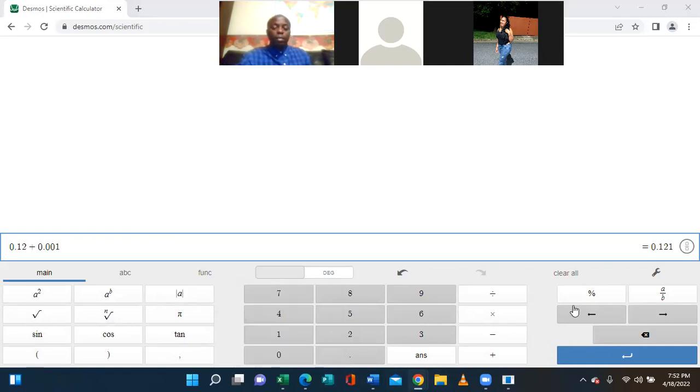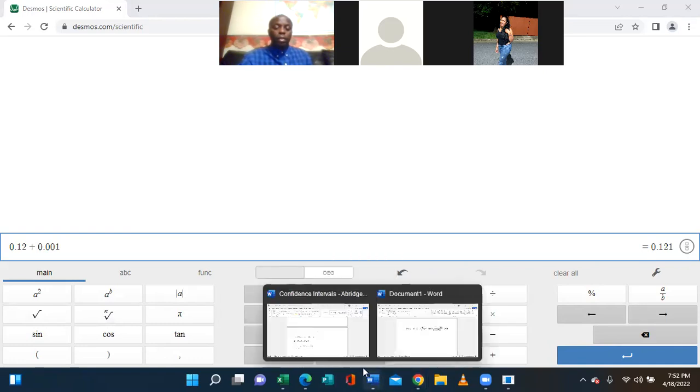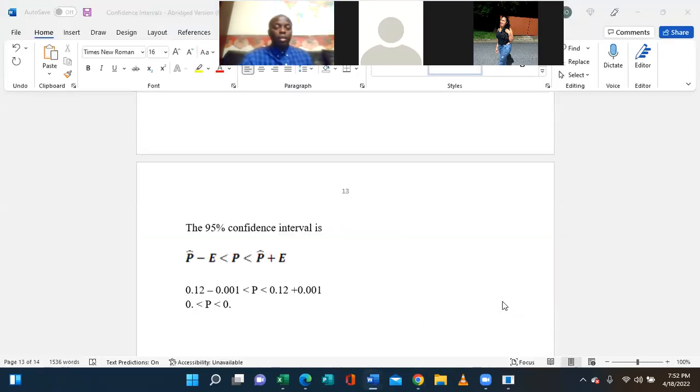Let's put this right here in our main workbook: 0.119 less than P less than 0.121. So we can conclude this is like saying 11.9% and 12.1%, which is also the conclusion.